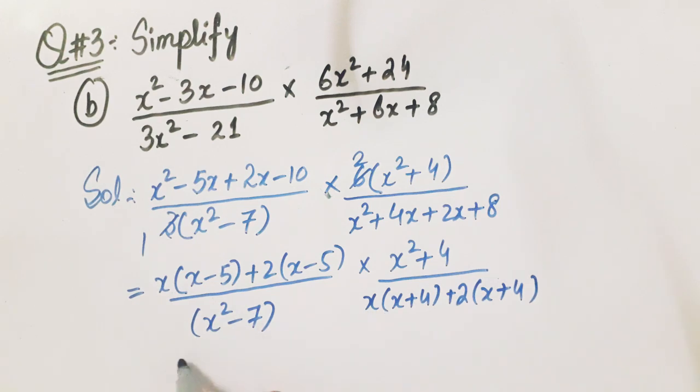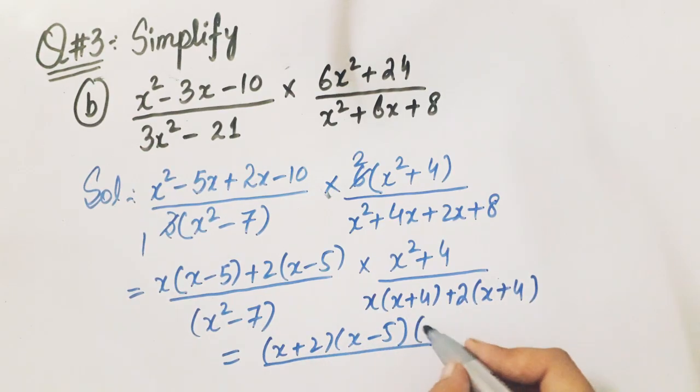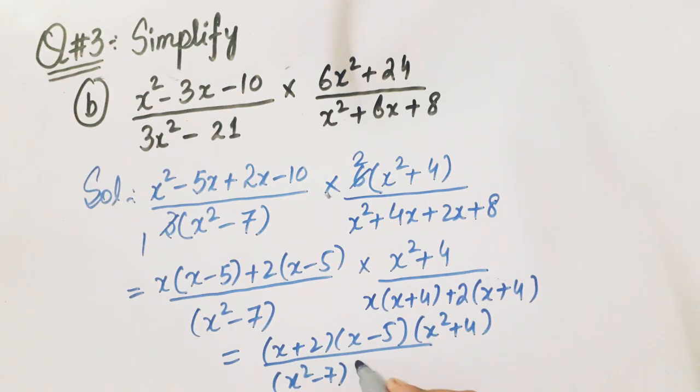So we will write the final answer for this. It will be x plus 2 into x minus 5 and into x square plus 4, over x square minus 7 into x plus 4 into x plus 2.